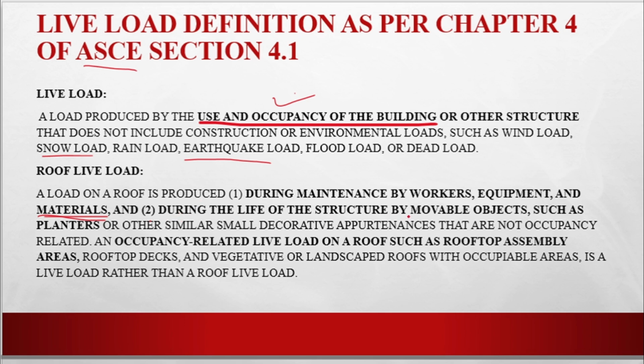During the life of the structure, there are also movable objects such as planters or other similar smaller decorative apparatus that are not occupancy related. So one is related to the occupancy and one is just a minimum live load. For occupancy-related live loads on a roof, such as a rooftop assembly area, for example if you are going to construct a restaurant or an assembly area over the top of the structure, you will not consider the minimum load, but what is mentioned in the tables.